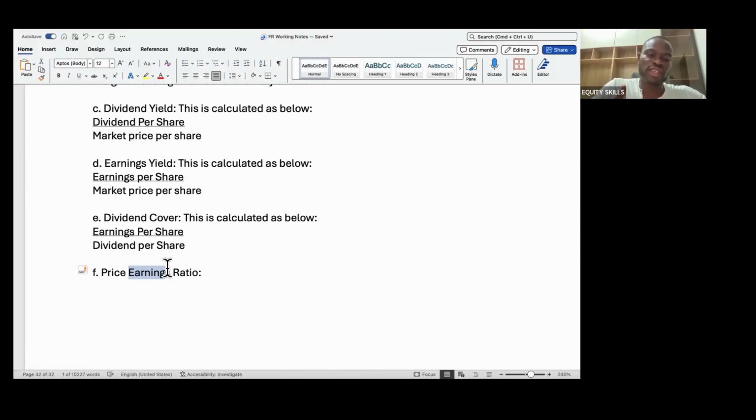If they place a higher price on your earnings, your P/E ratio will be high. Your P/E ratio will be very high, and that means they have confidence in your earnings. And this is usually attributed to technology companies that can scale, that they believe will scale and will become huge in the future.